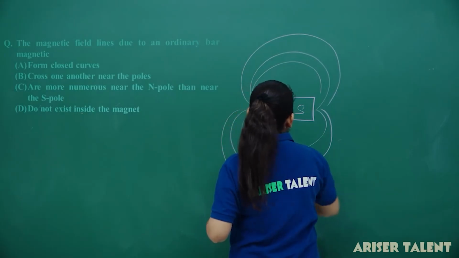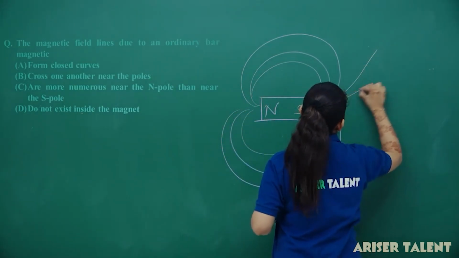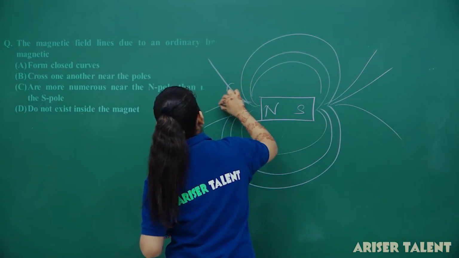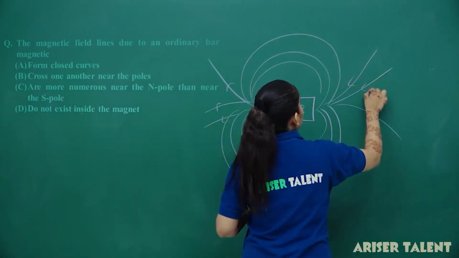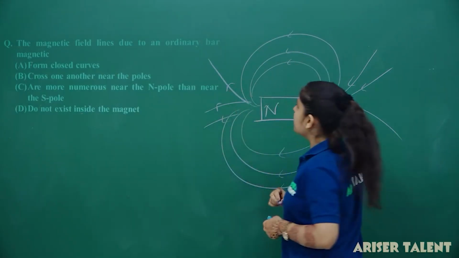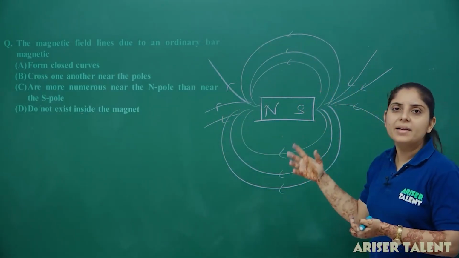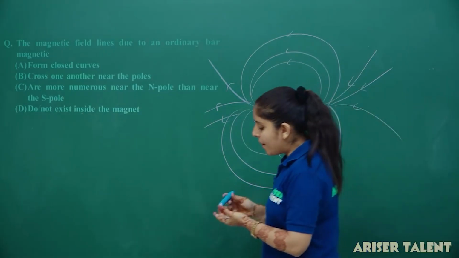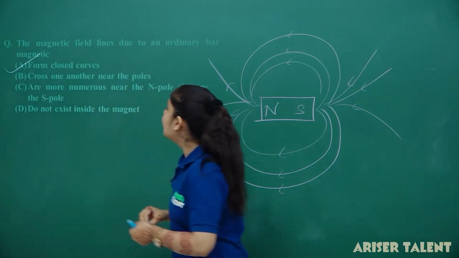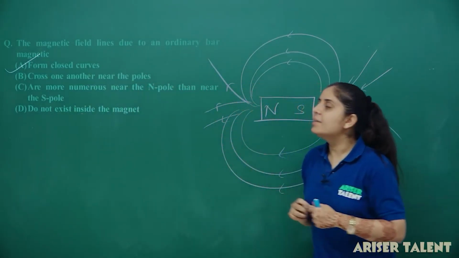It will be from north to south. So which option is correct here? The magnetic field lines due to an ordinary bar magnet form closed curves. So option A is correct here.